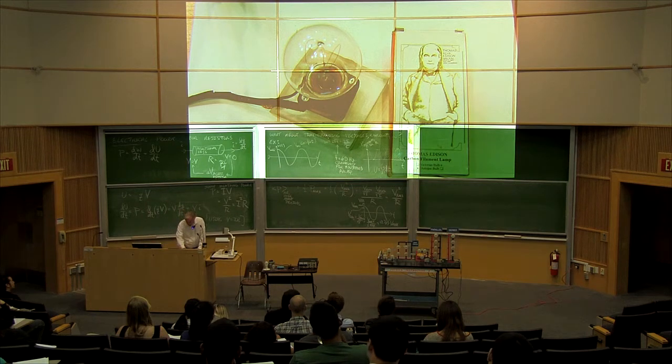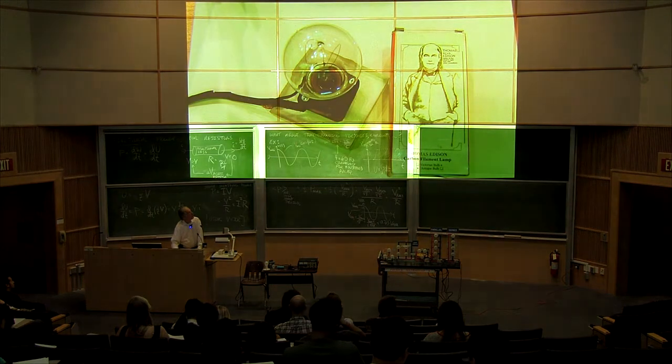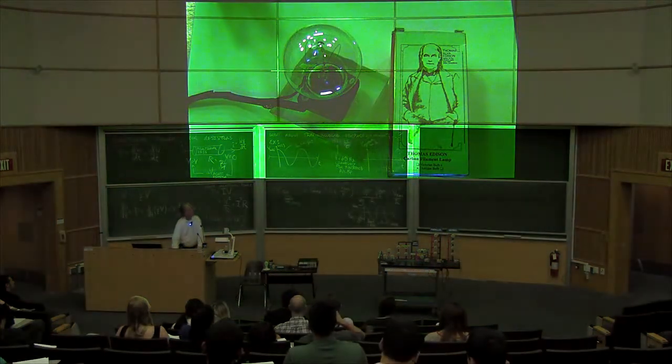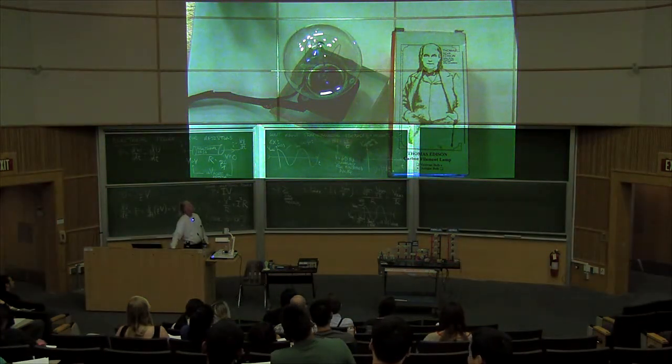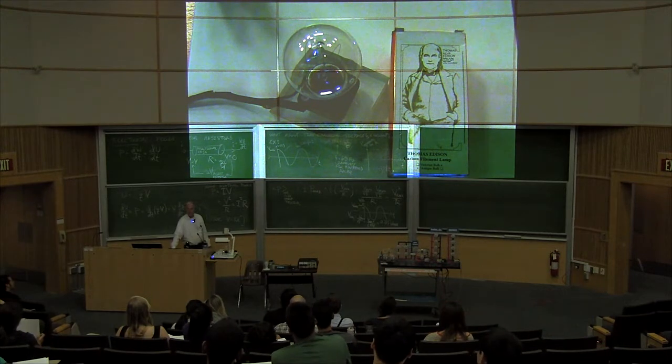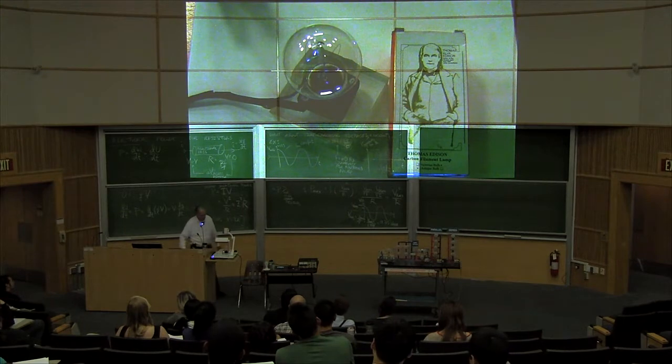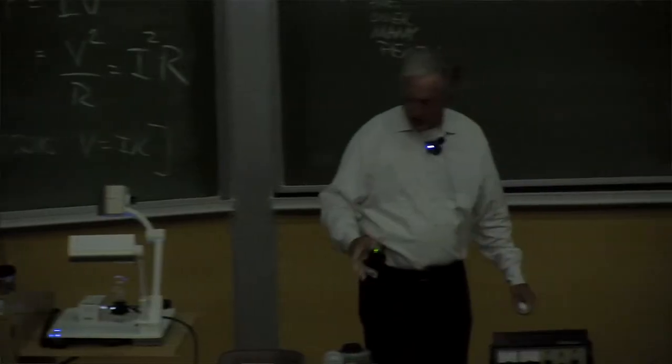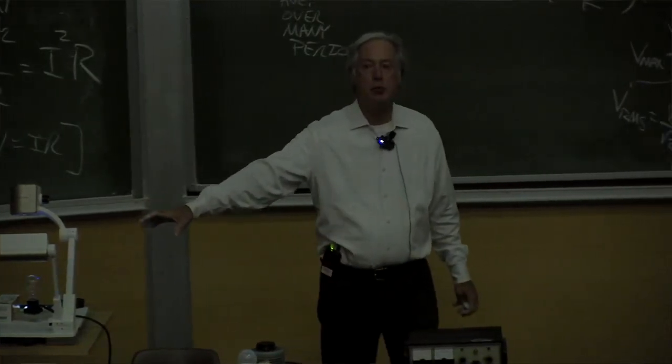Okay, let's try some lights. Oh, that's better. Remember we went green last time we tried that? Okay, so there was a light bulb. I'm going to turn on the current to it, and this is an old style light bulb.